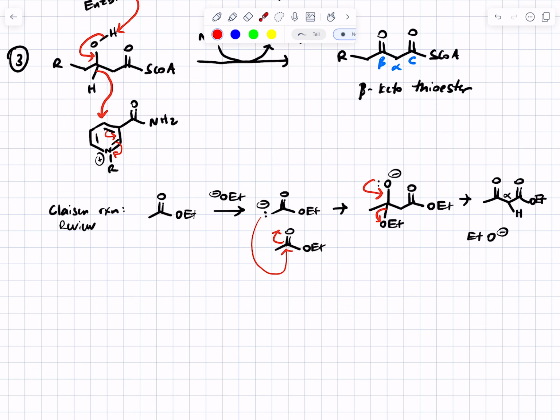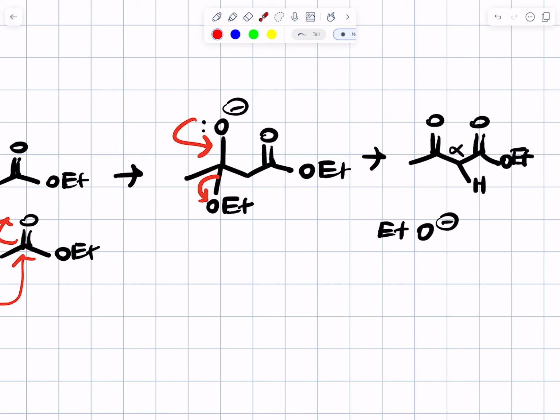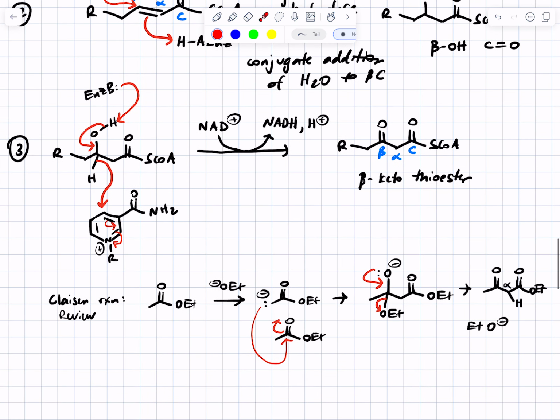We did retroaldol reactions. We haven't really done a retro-Claisen reaction before, and the reason we didn't is that in the lab, the ethoxide would never attack the ketone, it would just remove the proton. Enzymes are able to control that a little bit better. And so we're set up now with this beta keto thioester to do a retro-Claisen reaction.